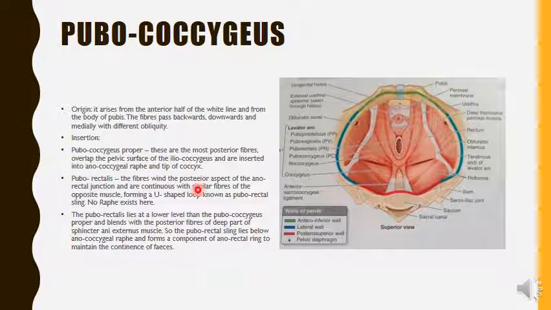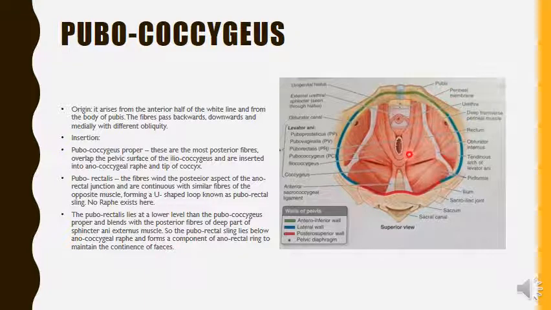Then the puborectalis lies at a lower level than the pubococcygeus proper and blends with the posterior fibers of the deep part of the sphincter ani externus muscle. So the puborectal sling lies below the anococcygeal raphe and forms a component of the anorectal ring to maintain the continence of the feces.